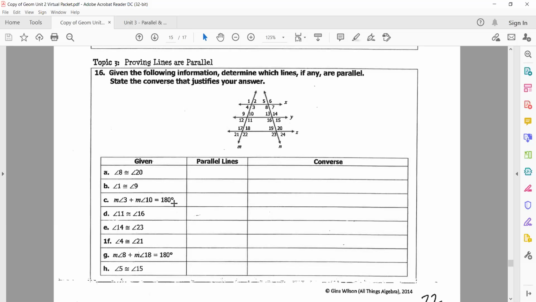Angle 3 and angle 10 equal 180. 3 and 10 on X and Y. What would the relationship here be for 3 and 10 if together they equal 180? Which definition would we use?